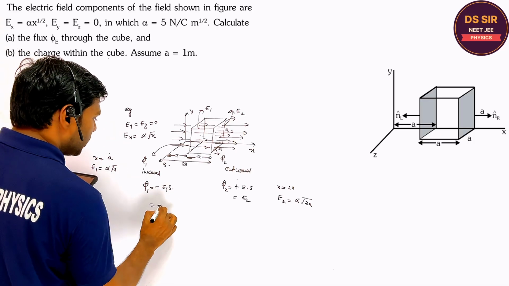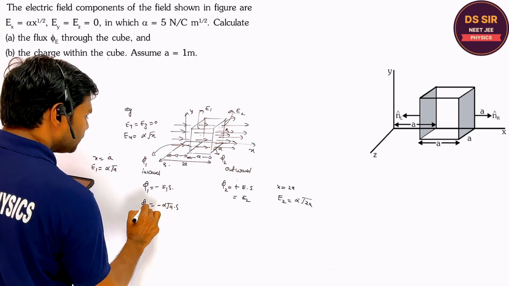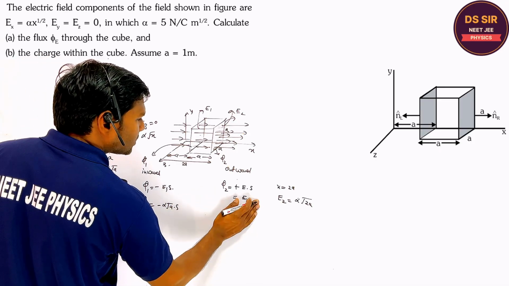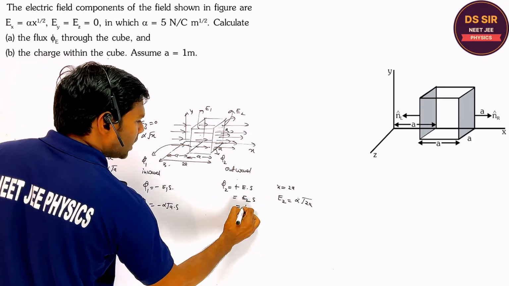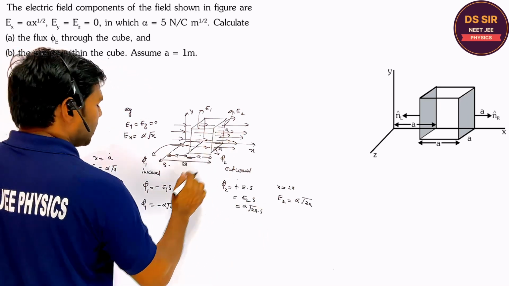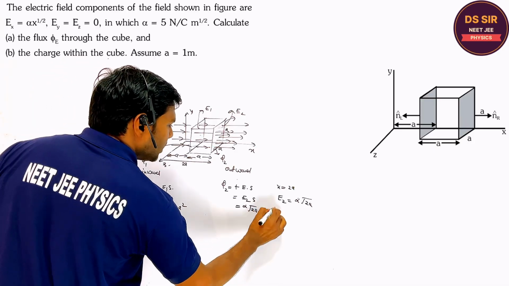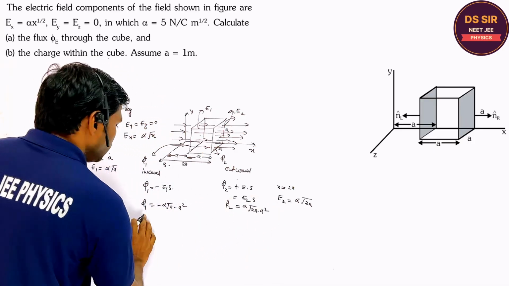So this is the inward flux, alpha root a into S, and this is the outward flux, E2 into S, where E2 is alpha root 2a. What is S? S is the area, which is nothing but a square. So this is phi 2 and this is phi 1.